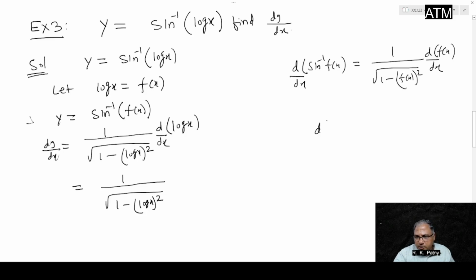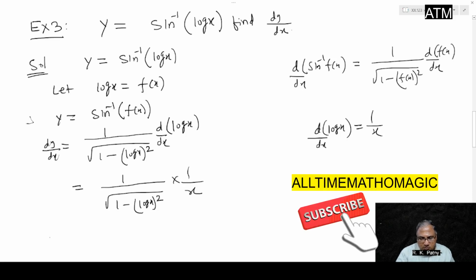We know that derivative of log x with respect to x equals to 1 upon x. Therefore, into 1 upon x. Therefore, final answer dy by dx equals to 1 upon x into under root of 1 minus log x whole square.